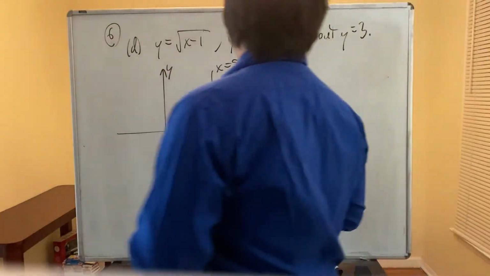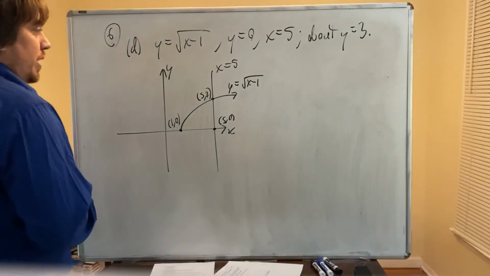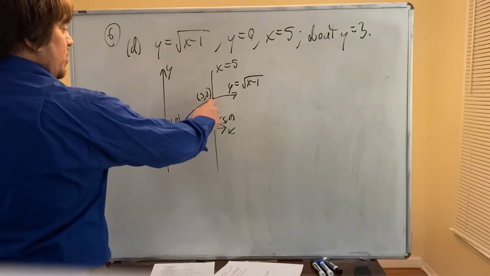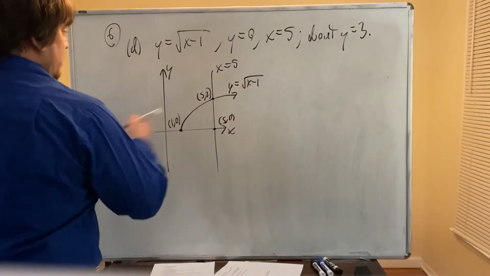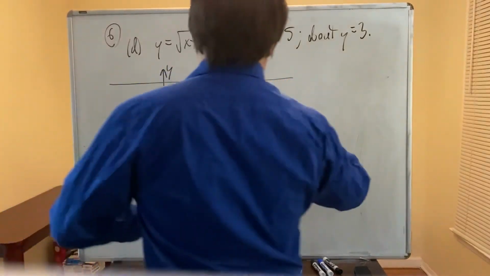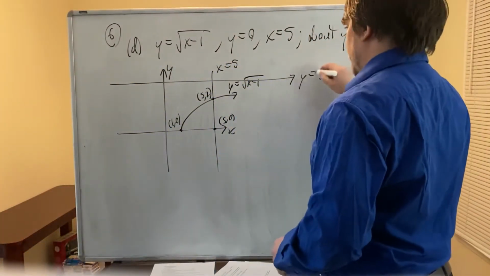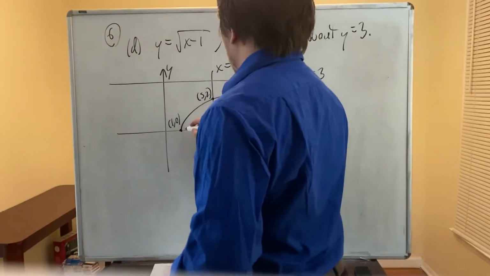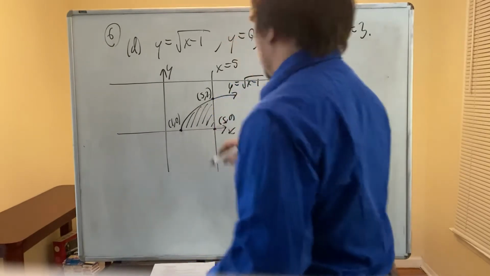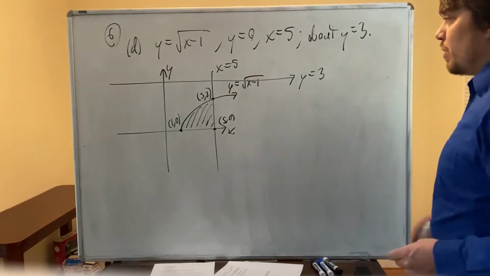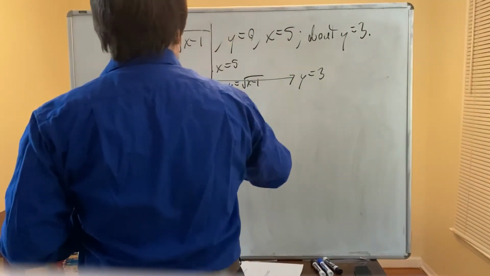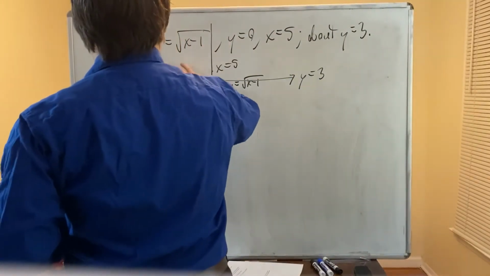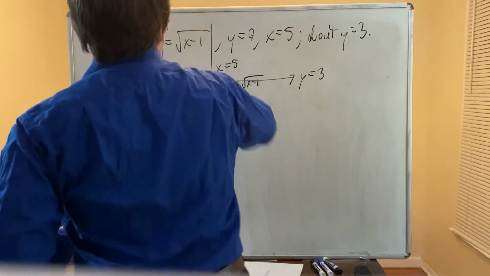And we're going to rotate this about the line y equals 3. This point has y coordinate 2, so y equals 3 is above that point. So let's say y equals 3 is here. I'm going to rotate this region bounded by those 3 curves, which is that shaded region, about y equals 3. So what we'll end up with is, I'm going to continue these out.